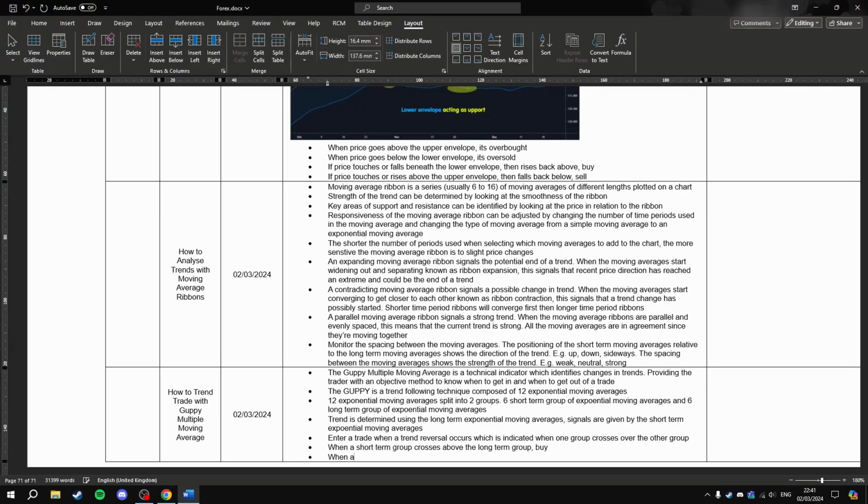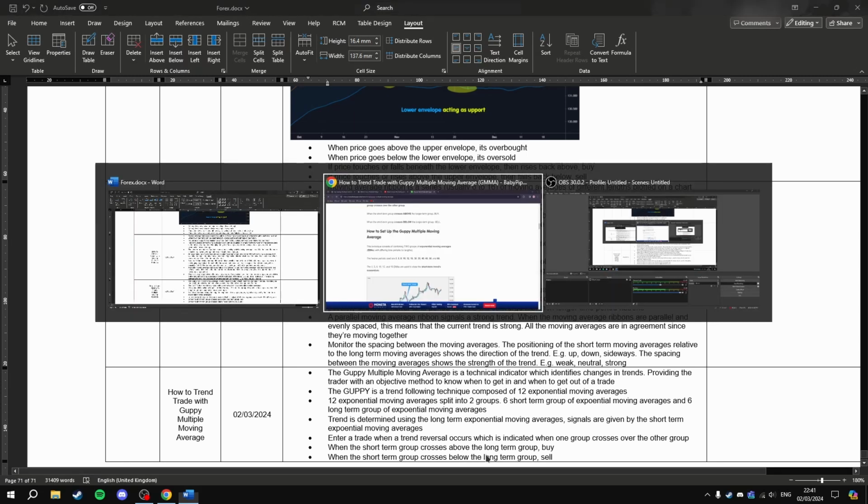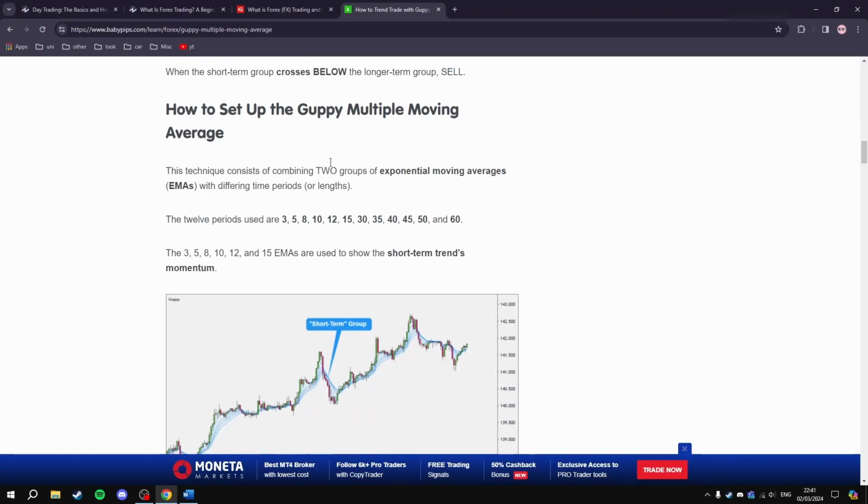When a short-term group crosses below the long-term group, sell. When the short-term group crosses above the long-term group, buy; below, sell.